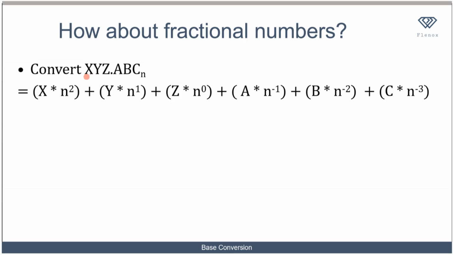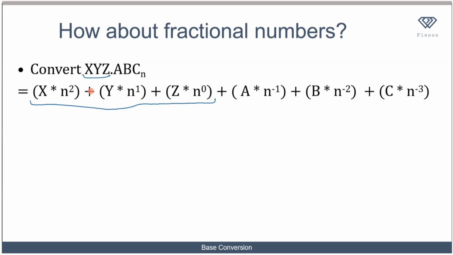In this case, we talked about x, y, and z, and as you can see, it is explained by the term before the decimal point. So you have z times n to the power 0, then n to the power 1 times y, then n to the power 2 times x. So how do we deal with the decimal point?